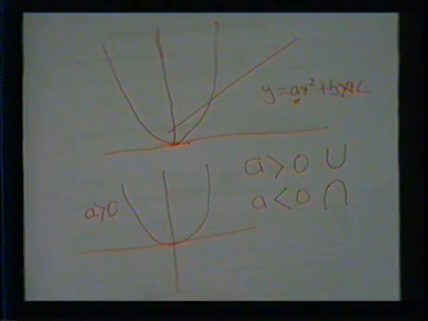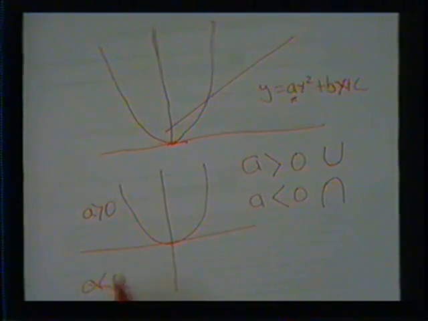And if your a is less than 0, then your graph looks like this.